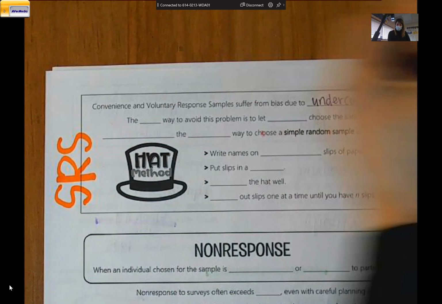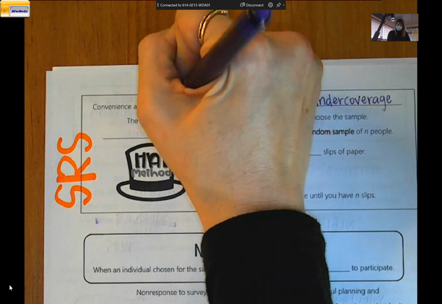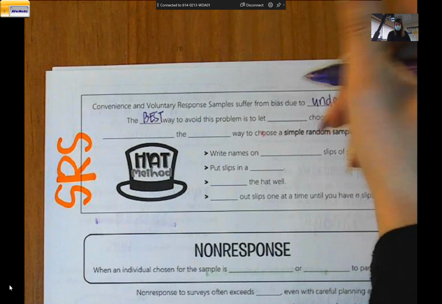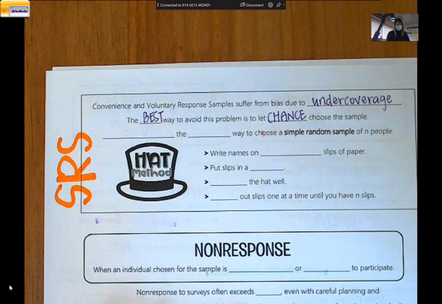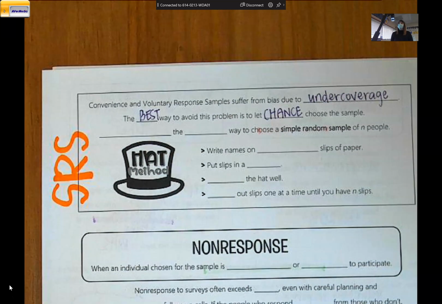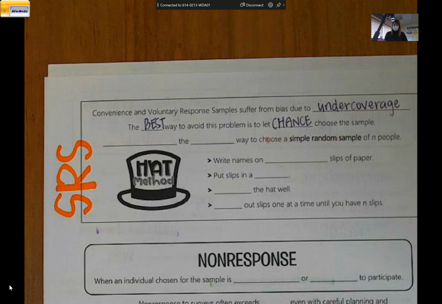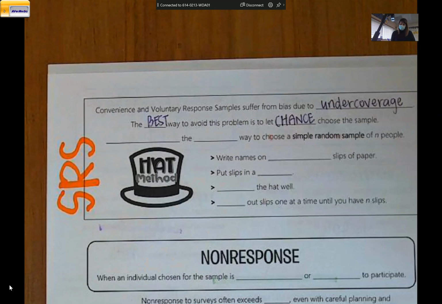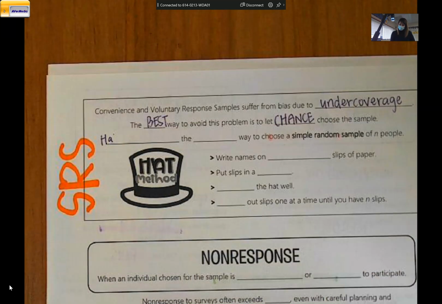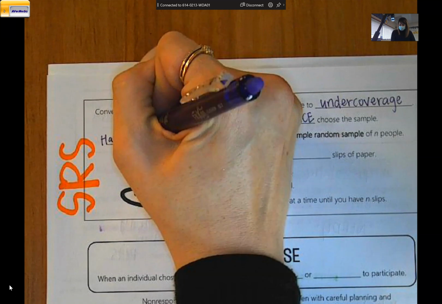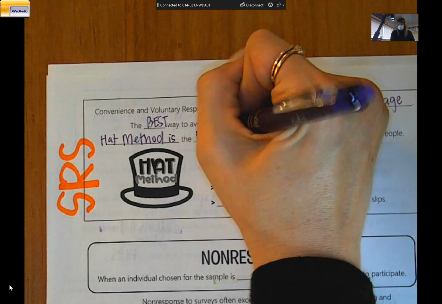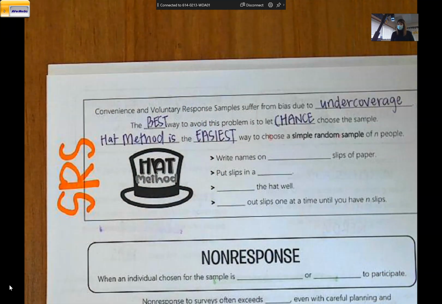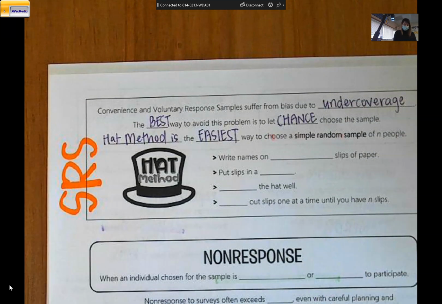The best way to avoid this problem is to let chance, not Chance the Rapper, like random chance, choose the sample. Hat method is the easiest way to choose a simple random sample.